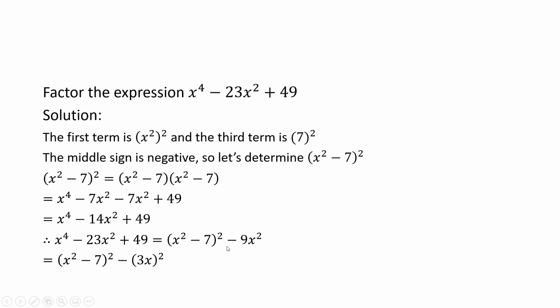Now, we have here a difference of squares because 9x squared is actually 3x quantity squared. So we have x squared minus 7 quantity squared minus 3x quantity squared. Well, if we use a difference of squares there, we get x squared minus 7 minus 3x, x squared minus 7 plus 3x.